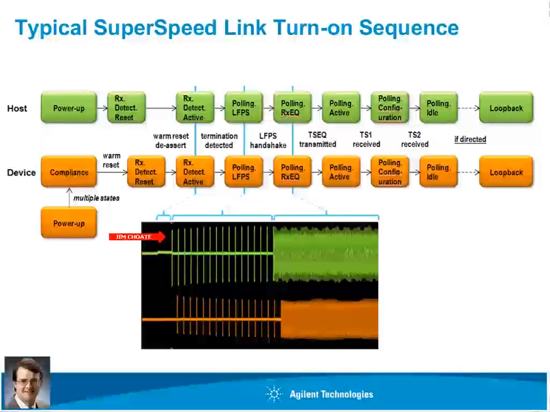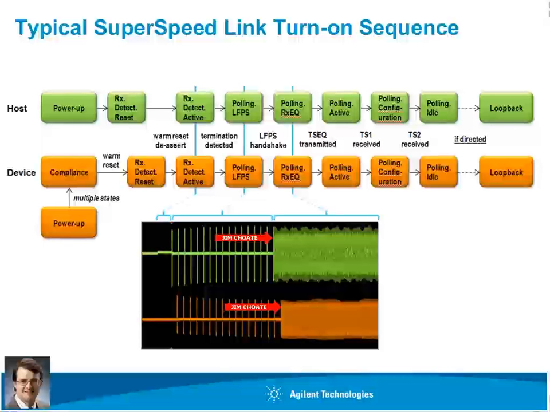Those short bursty pulses are low frequency periodic signaling handshakes. When the device under test, shown in orange, sees the LFPS burst being sent by the Jaybird, it will transition to the next sequence in the link training state machine, which is TSEQ, or transmitter equalization pattern. Once the Jaybird goes to that pattern, the device sees that and responds with the same.